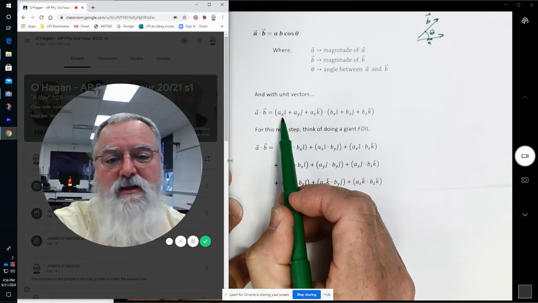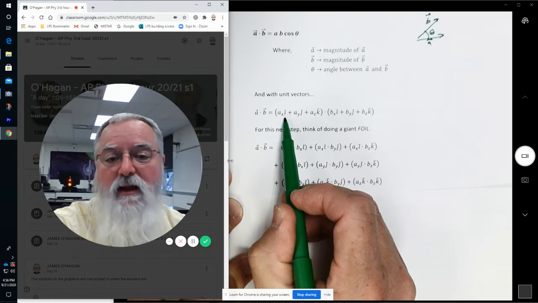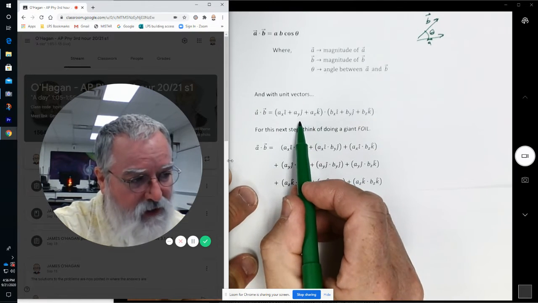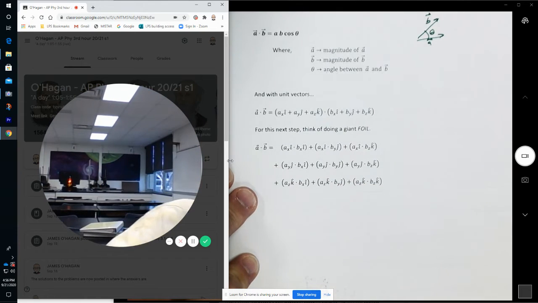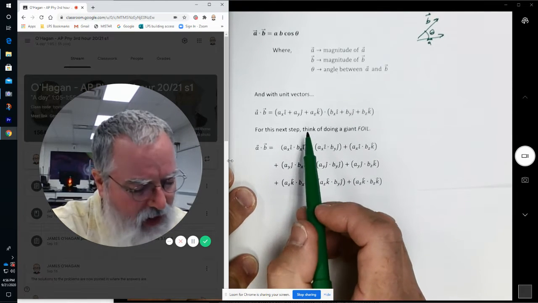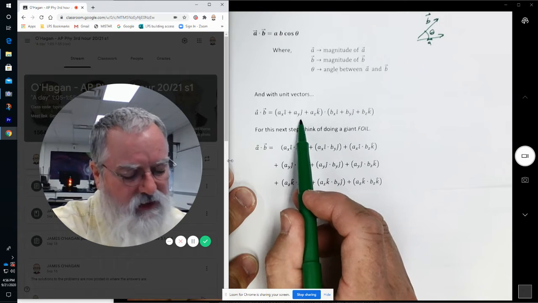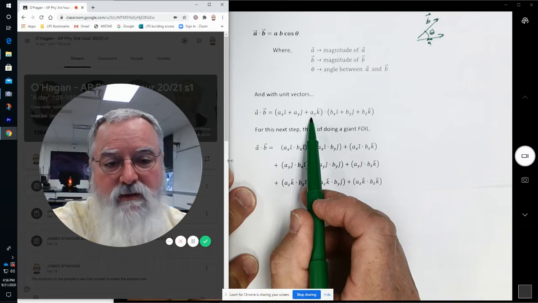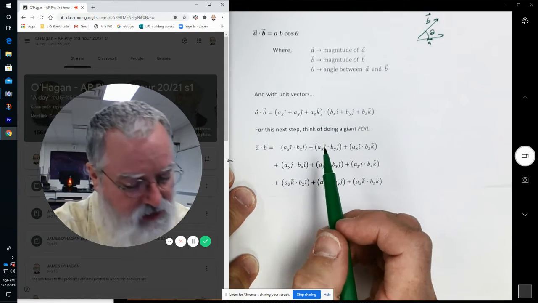It means the x component of the A vector in the i direction, which is the x direction, the y component of the A vector in the j direction, which is the y direction, and the z component of the A vector in the k direction, which corresponds to z.